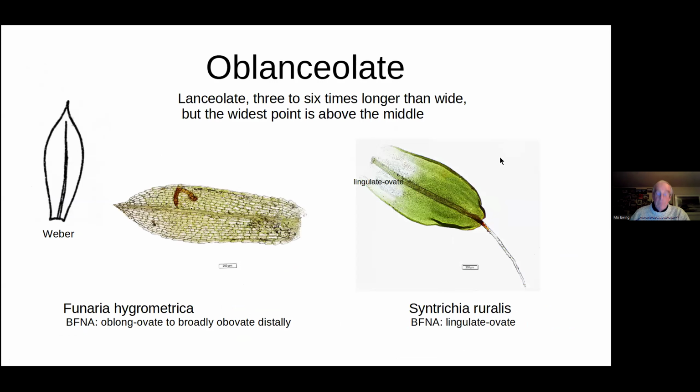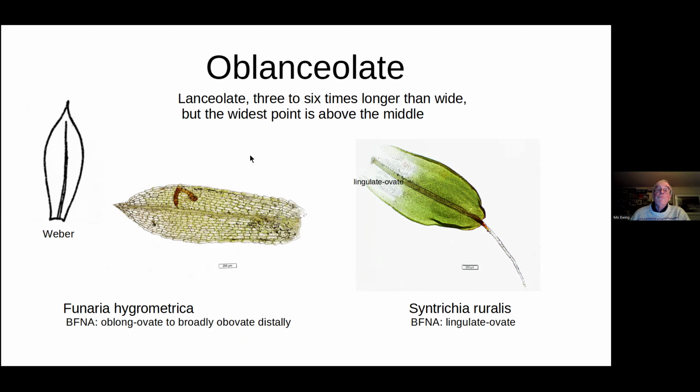Next one is oblanceolate. Oblanceolate, the prefix ob means inverted or reversed. So that means that rather than the fatter part being at the base of the leaf, it's up near the tip, and that's where you get oblanceolate. So it's 3 to 6 times longer than wide.